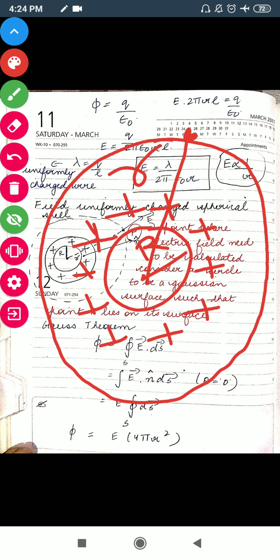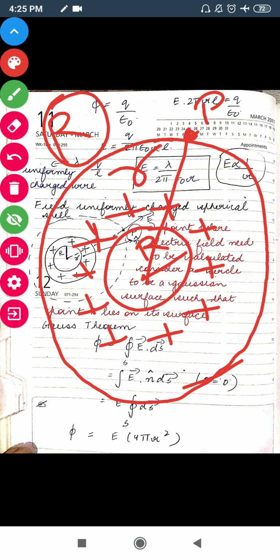Please remember, capital R is the radius of the shell which is given to you, and all the positive charge is residing on the surface of this shell, and small r is the radius of the Gaussian surface that you are considering, and there is a point P where you are calculating the electric field.